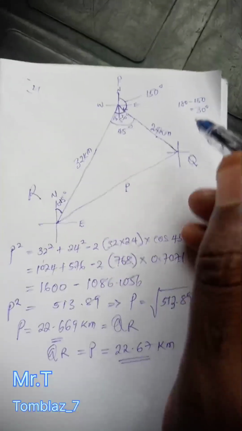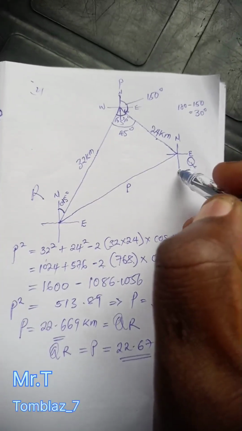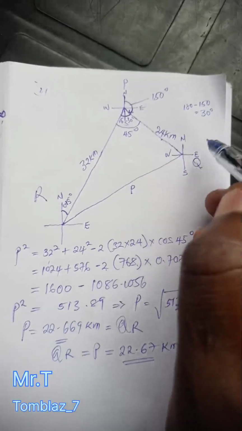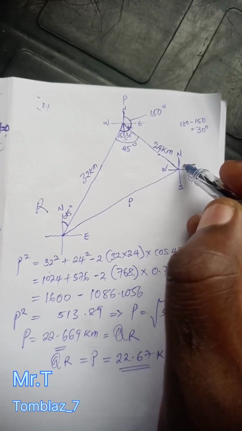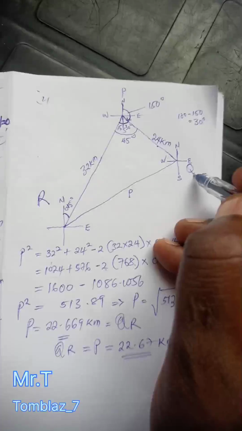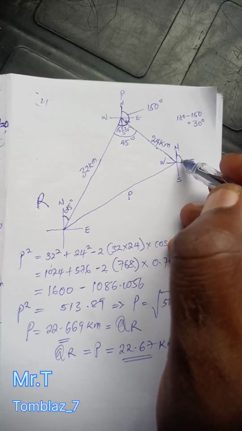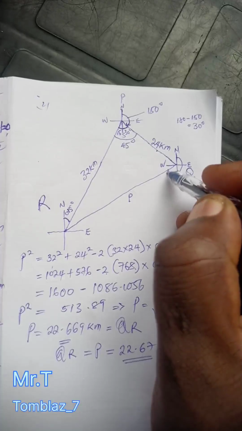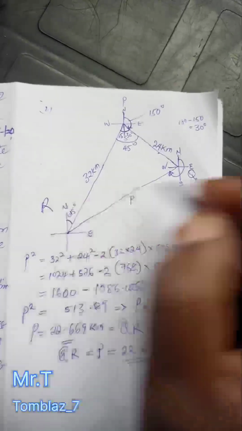Whenever you want to find bearing, you have to start moving from north down to the point you are asked about. So I move from north down to this point, and this will be the bearing of R from Q.